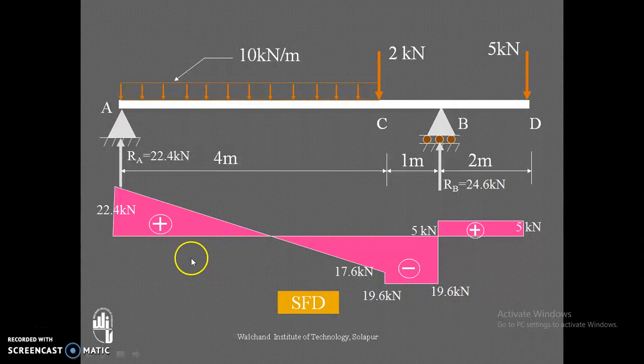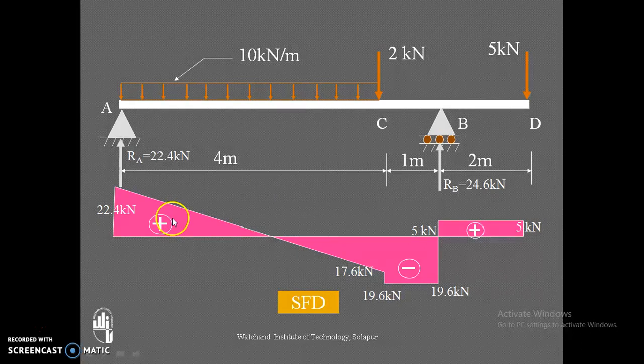Now the various points are marked according to their signs. At A 22.4 kilonewton, at C negative 17.6 kilonewton, and on the right of C it is 19.6, a straight drop, and it is constant up to B. At B it is 19.6 and 5 kilonewton positive, and at the free end 0. So all these positive and negative ordinates are joined, and the shear force diagram is ready.